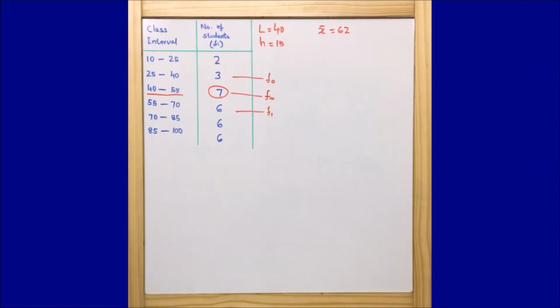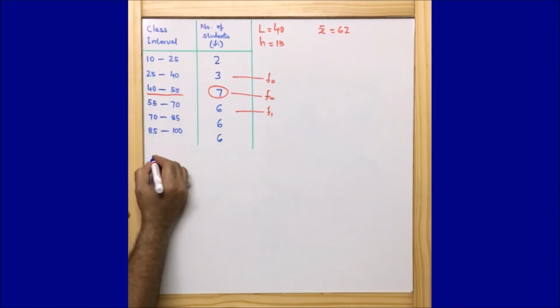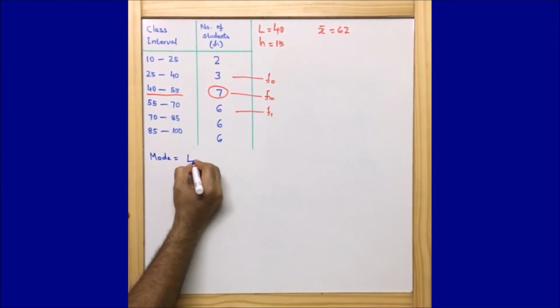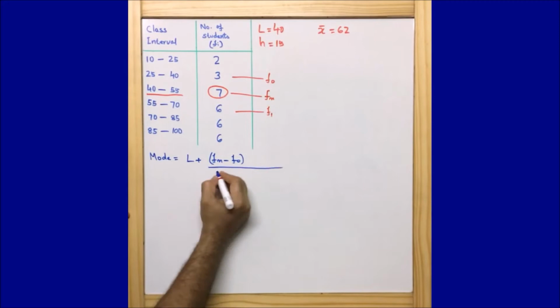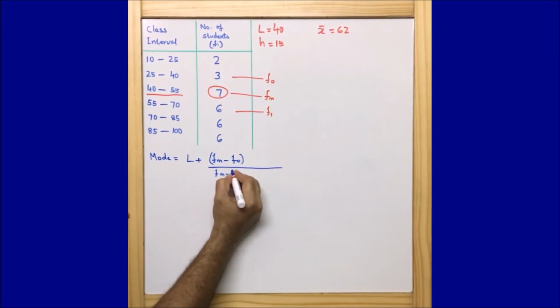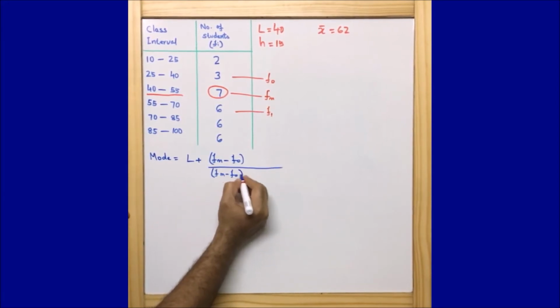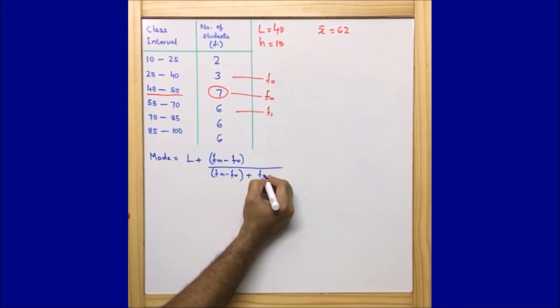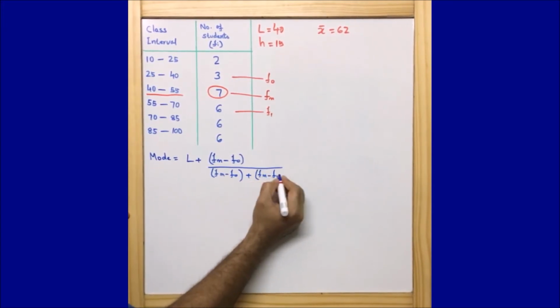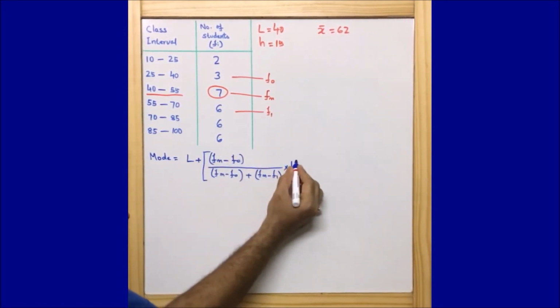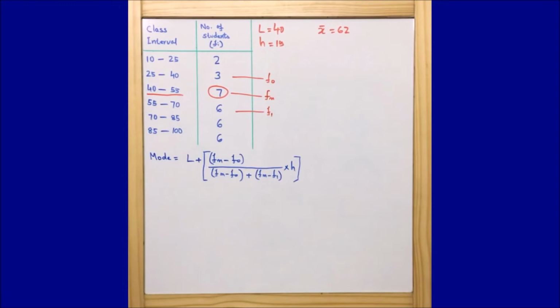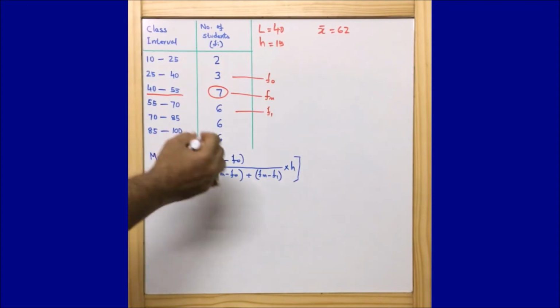Let me put the formula for mode. We know that mode is equal to L plus (Fm minus F0) upon (2Fm minus F0 minus F1) into h. So guys, this is the formula for mode. Now we have all this data, and we can substitute it in our formula.